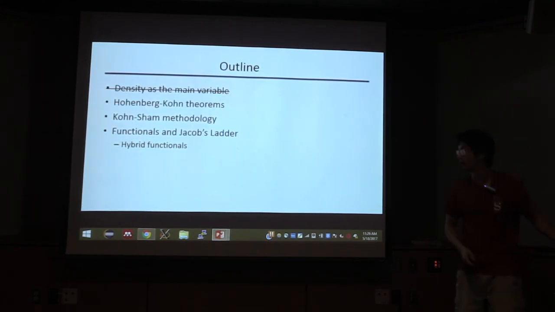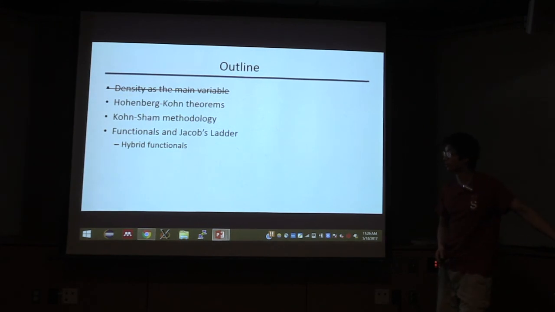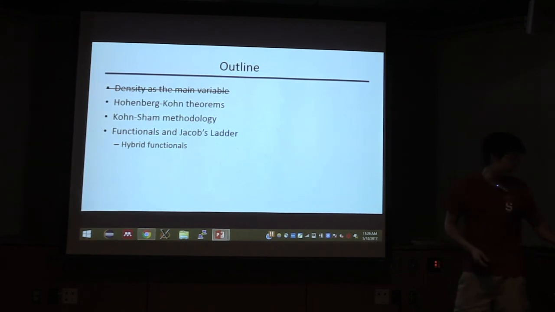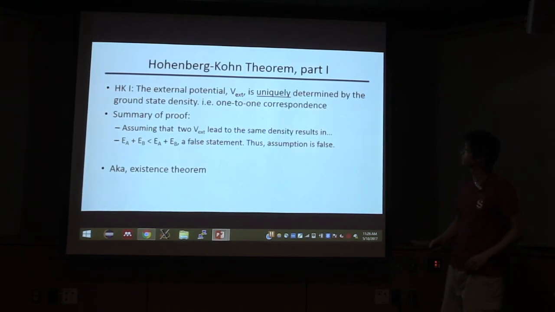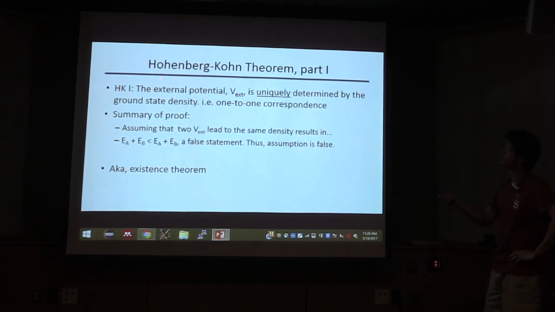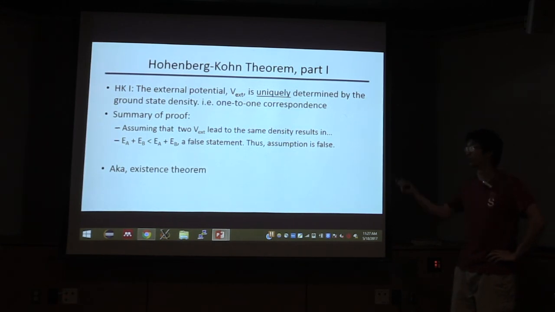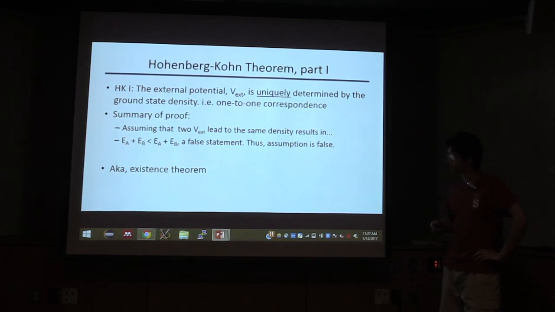All right, so next we're going to go through the Hohenberg-Kohn theorems, which basically prove uniqueness. So HK1, there are two theorems. HK1 just says that the external potential is uniquely determined by the ground state density. There's a one-to-one correspondence between the two.